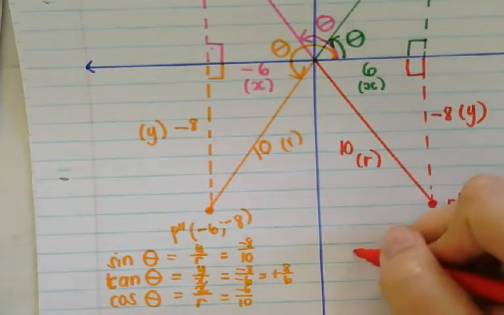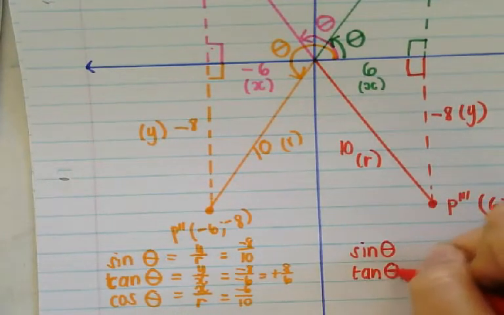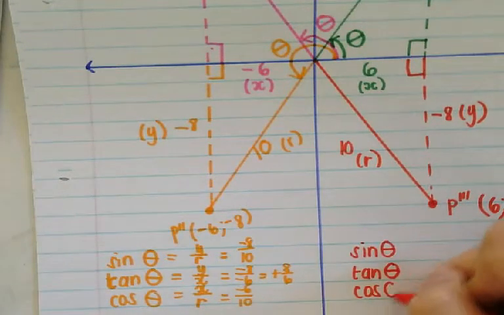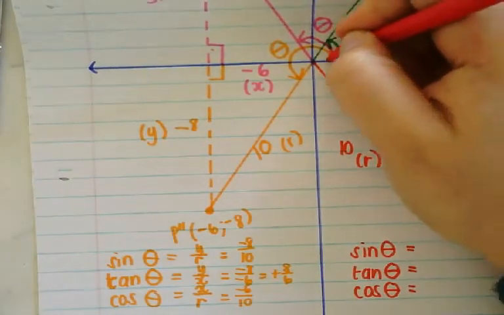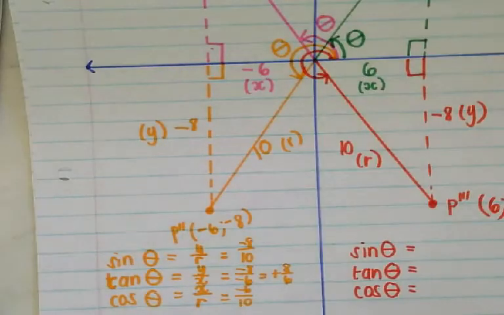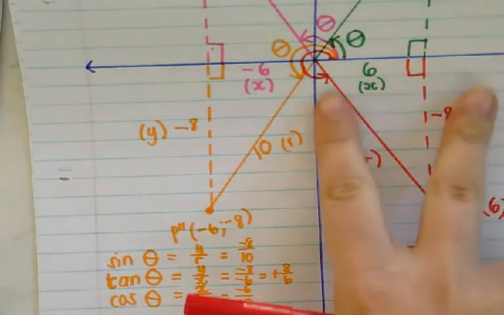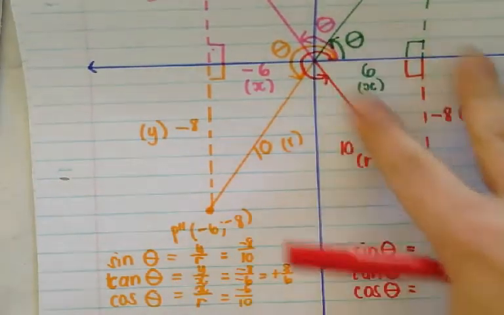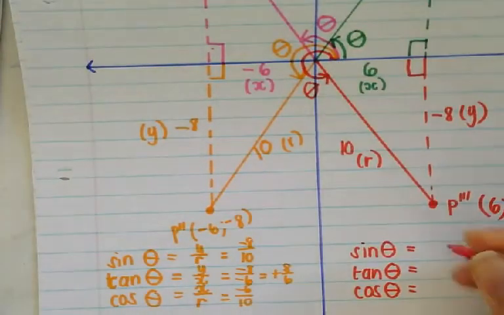So one more time I can do my ratios. Sine theta, tan theta, and cos theta. Now please look at what I'm about to do. Measuring my angle from my x-axis all the way around to the line that I meet. So that makes y still the opposite. X is my adjacent and my r is still my hypotenuse.